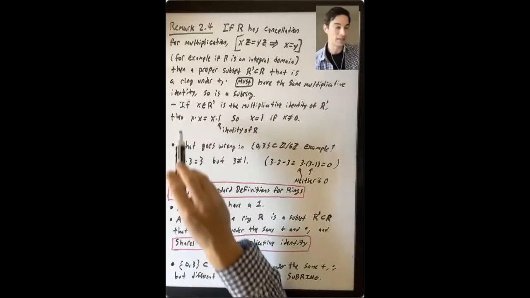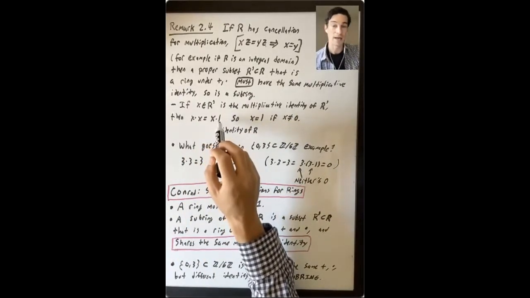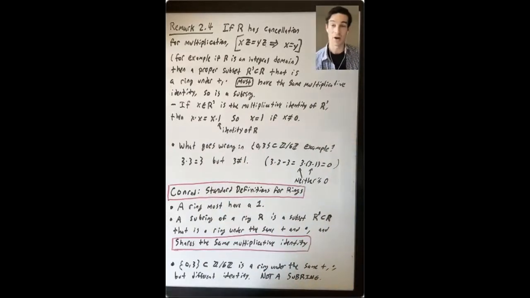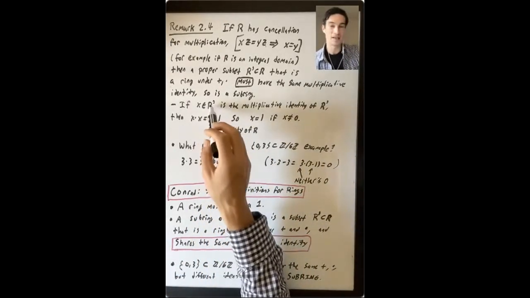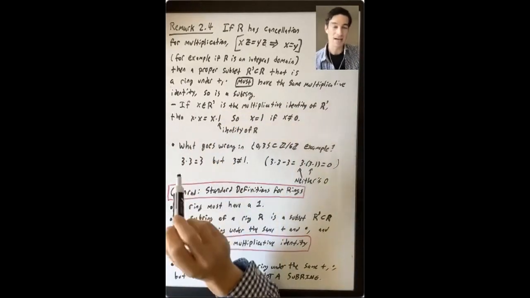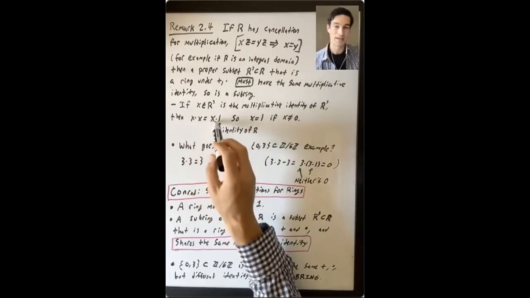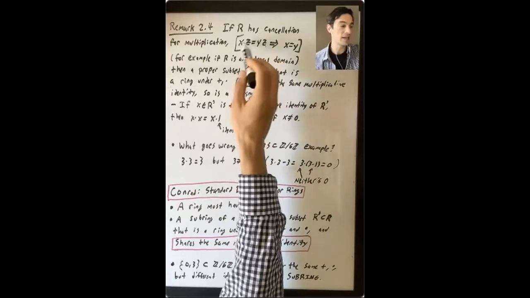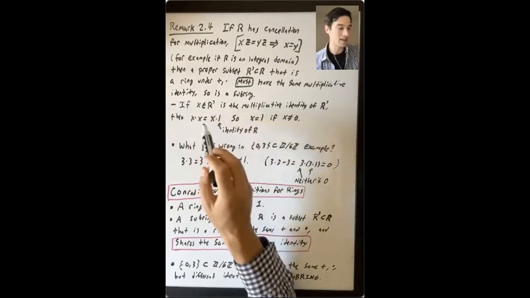Then in particular, x times x is the same as x times 1, where 1 is the multiplicative identity of R. Why is that true? Well, x is in R prime, x is also in R. x times x is equal to x, which is the same as x times 1. So now we have an equation in the ring R that has cancellation for multiplication: x times x equals x times 1.